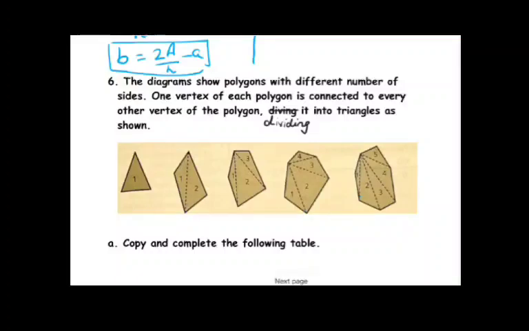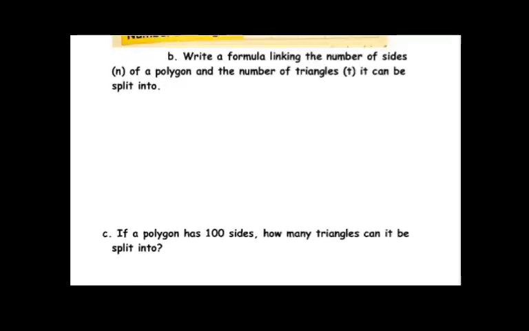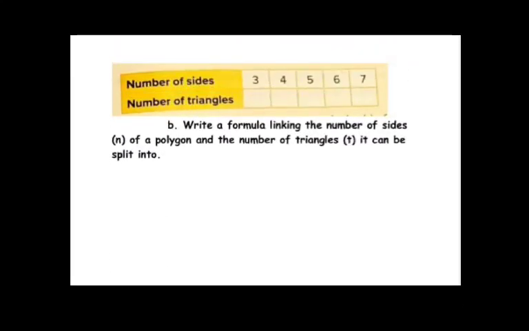Alright. So the table gives you a gist. So number of sides 3. If a polygon has 3 sides, how many triangles will it form? 1 triangle. Correct?